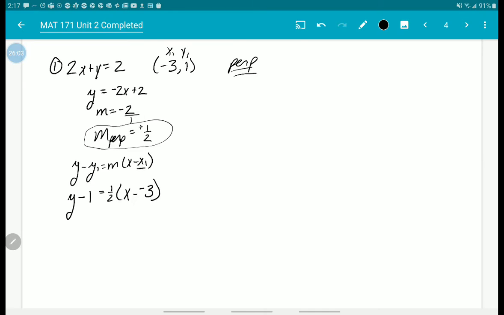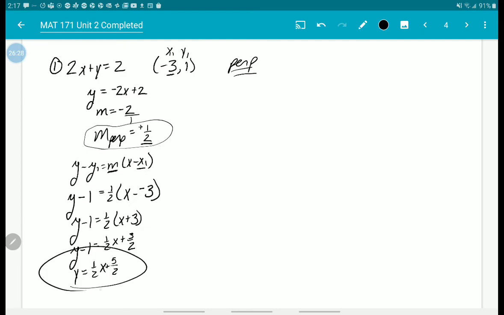Our x1 is -3 and our slope is 1/2. I'm going to clean this up. That's x plus 3. I'm going to distribute the 1/2, and then I'm going to add the 1. So there's our line.